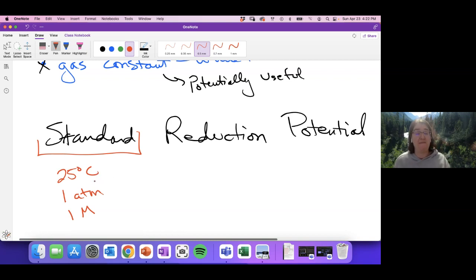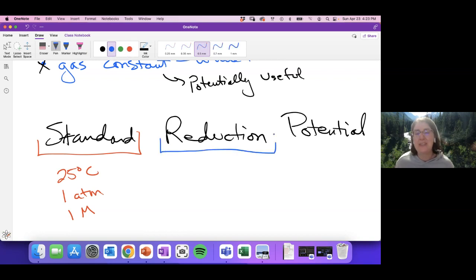Y'all have been assuming 25 degrees Celsius without being told otherwise for a while now. I know we tend to ignore it, but back when we were doing stuff that had to do with Kw and the whole 14 minus something, the whole reason you could use 14 was because everything was at 25 degrees Celsius or assumed to be at 25 degrees Celsius. So standard 25 degrees Celsius, it's back. It didn't really go away, but still.